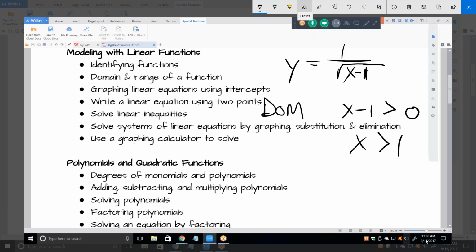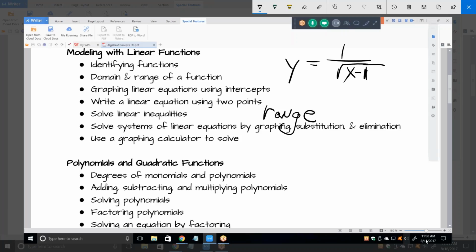All right, same function. What's the range? So now what do you do? 1 over... The first thing you have to think about is, can it be 0? In other words, let's examine various y's.